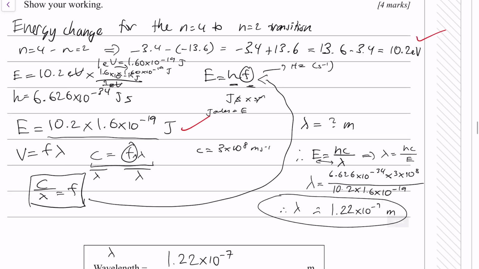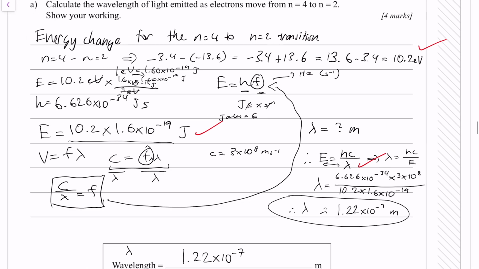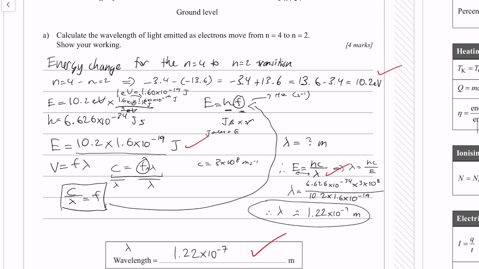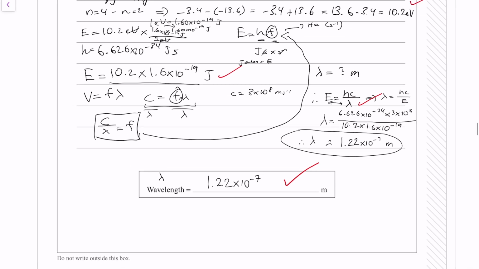All right, so the third mark we got is from showing that E is equal to hc over lambda. Okay, so you're just basically transposing, combining those two formulas, and then calculating the correct wavelength is obviously the fourth and final mark. Okay, putting it in the box in the right units and right format.